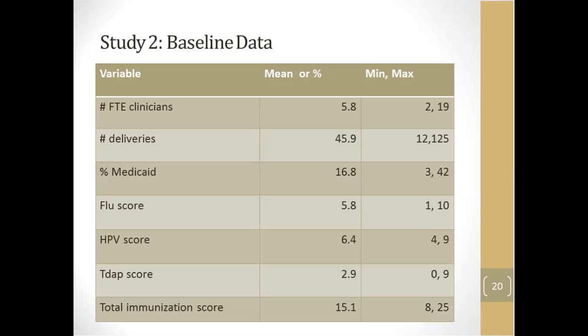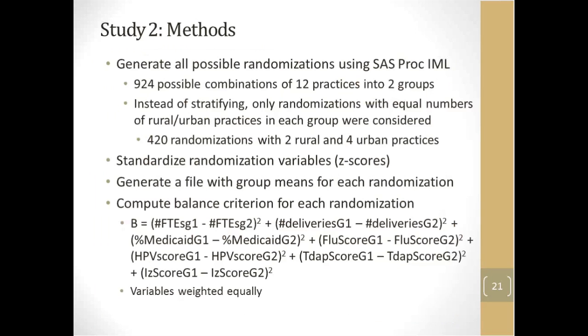Okay. Now, once again, going through the method. So we included rural-urban as a dummy coded variable in the randomization scheme. So we ended up with 924 possible combinations of 12 practices into 2 groups.